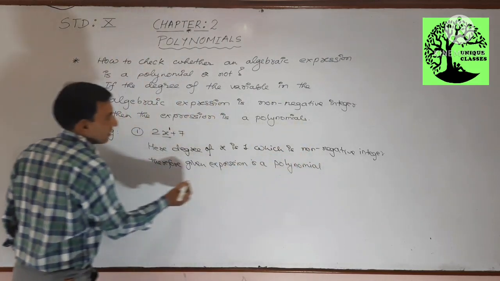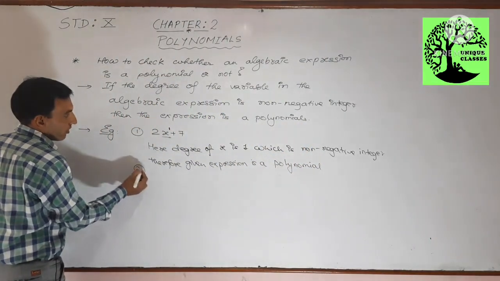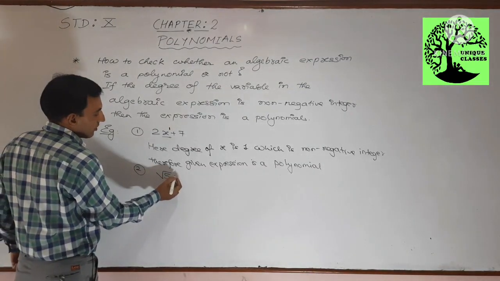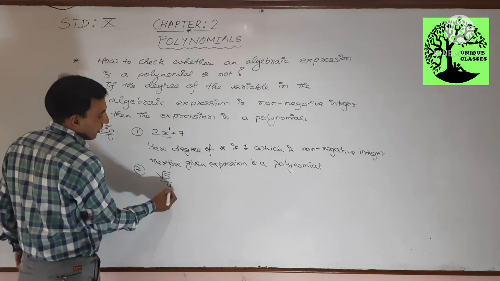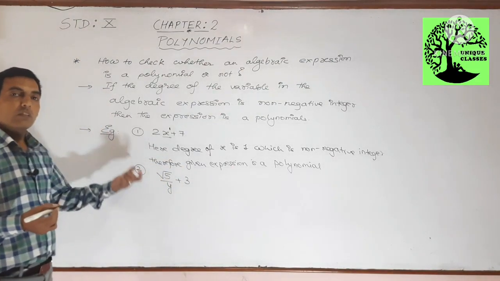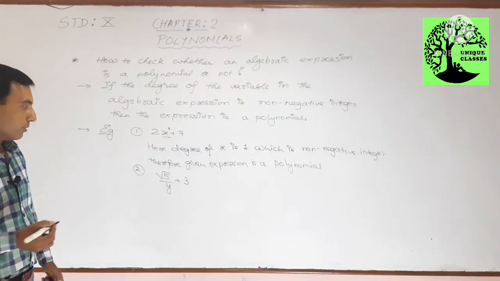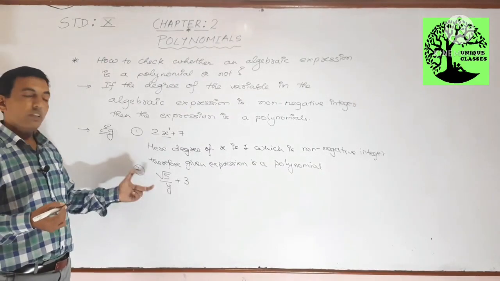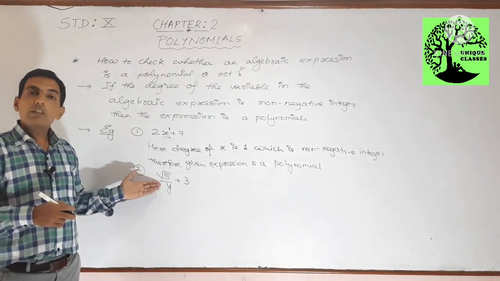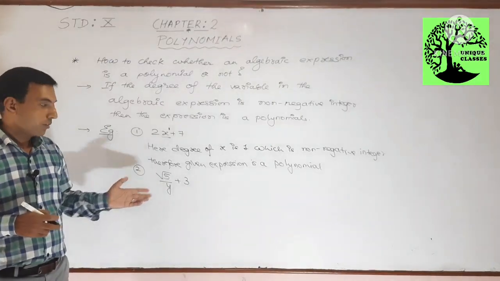Okay, let us consider another example, student, that is root 5 upon y plus 3. Okay, this is the second example. Now here we are again checking whether this algebraic expression is a polynomial or not.